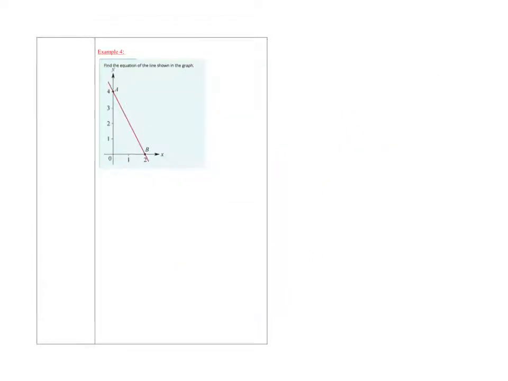Alright, so here they still want you to find the equation. You should be able to see that this is a straight line, and a straight line follows that pattern. If you look at it, what is c really? Why is it 4?